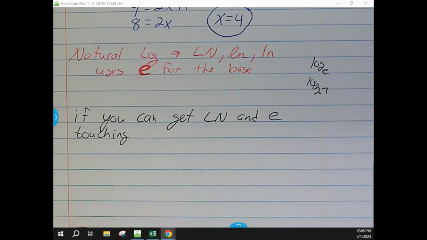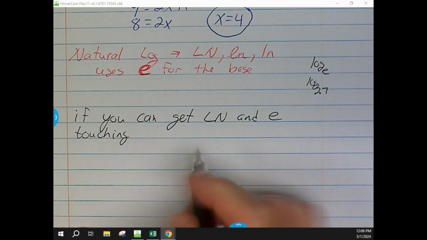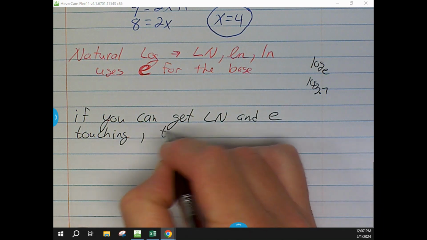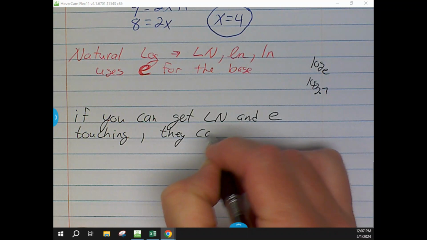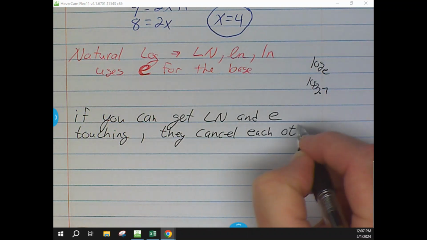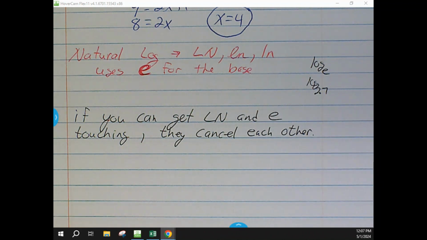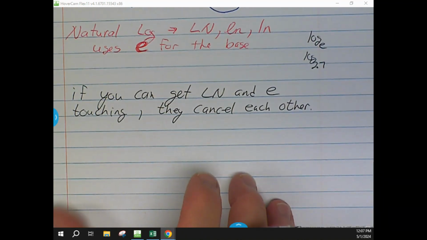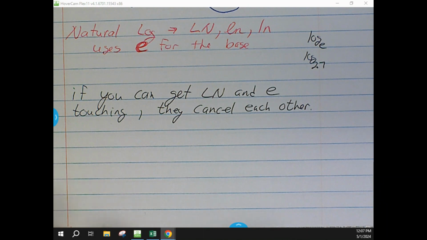If you can get ln and e together, they cancel each other out. And this is going to be like a really easy question on the test and in the homework.